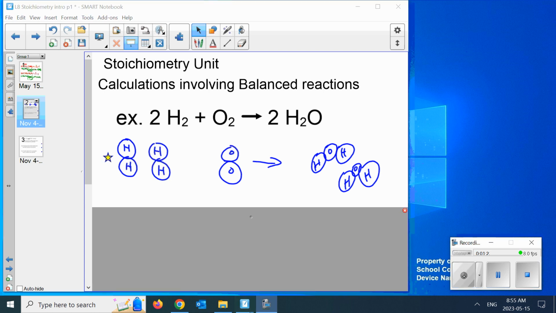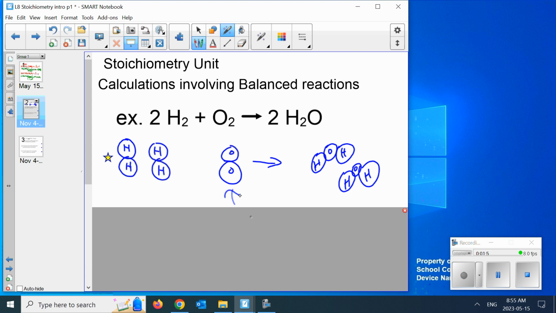The reason I want this is because I want you thinking along this line. In my diagram, this reaction represents two groups of hydrogen molecules mixing with one group of oxygen.